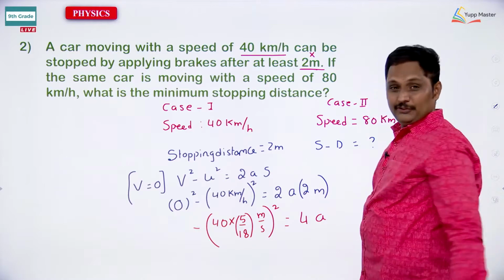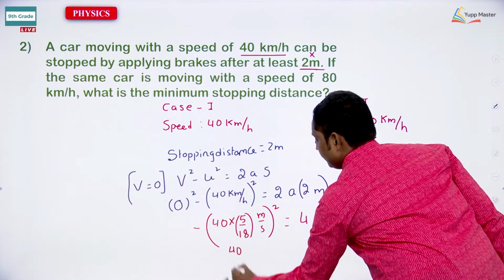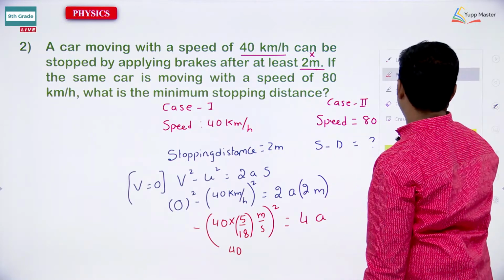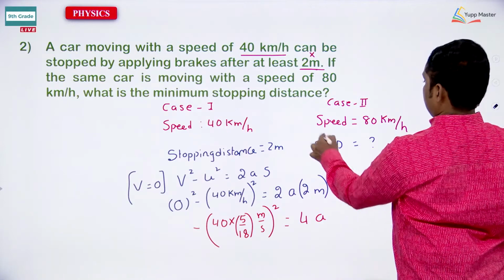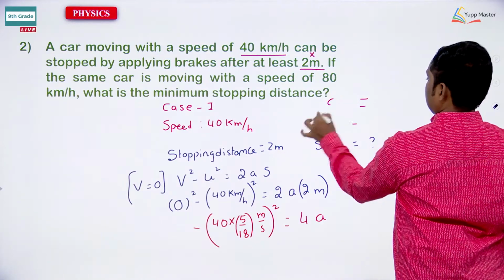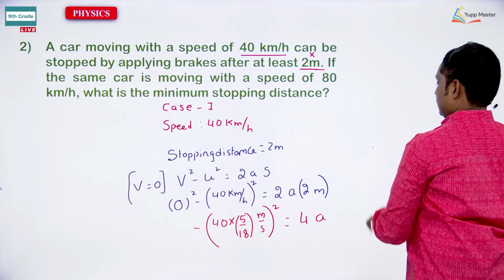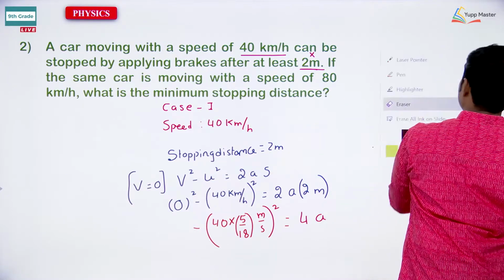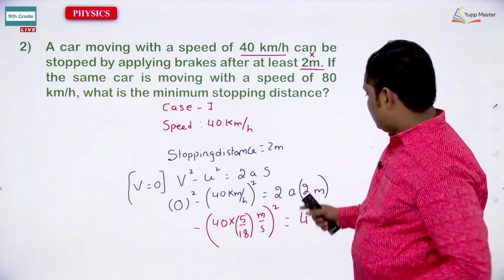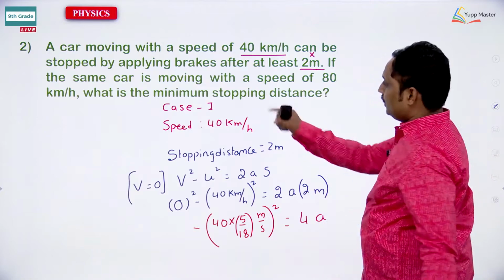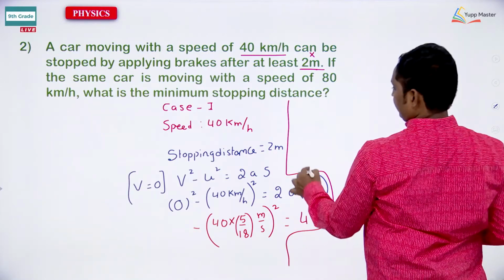Now you can solve this problem, you have to do some calculations. You can keep that square and get the value, because when the speed is doubled the square is going to be quadrupled.